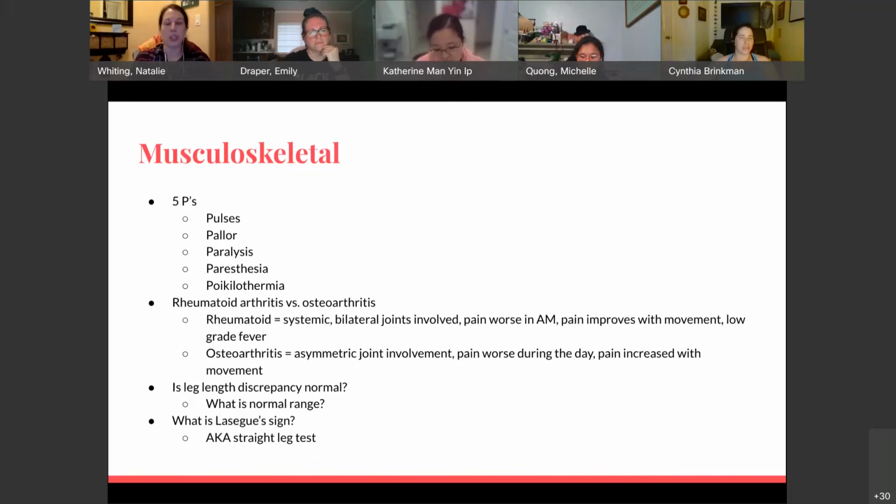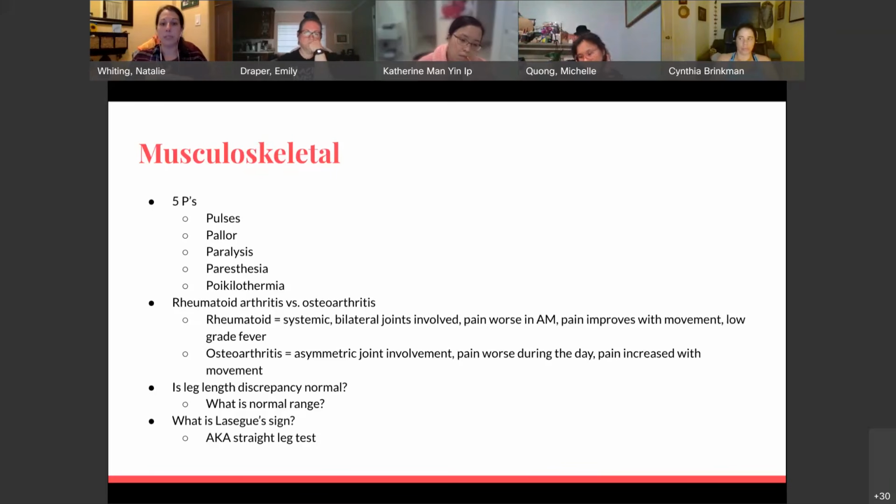It's about 2 centimeters. So it is normal. The range is about 2 centimeters. But nothing with the body is perfectly symmetrical. Like people have one foot that is slightly larger than the other, right? So there is a little bit of variation. If it goes beyond that, then you're going to start to have problems like scoliosis.